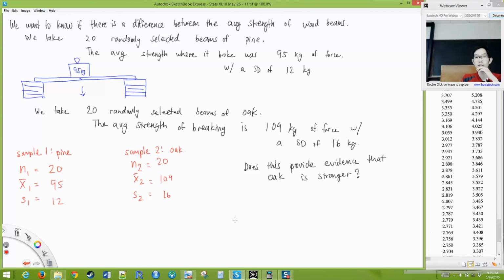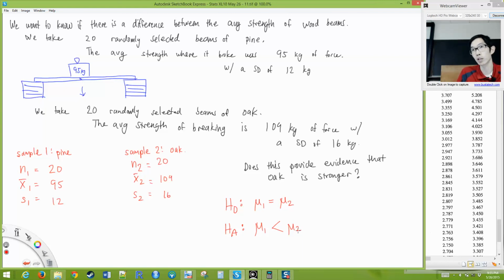And then our null hypothesis is always going to be mu1 equal to mu2. For the alternative, if mu1 represents the pine and mu2 the oak, how do I write, does this provide evidence that the oak is stronger? Do I want not equal, less than, or greater than? I want mu1 to be less than mu2, because we want mu2, the oak, to be stronger.